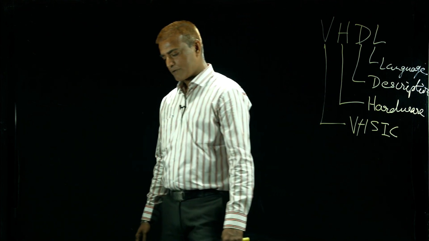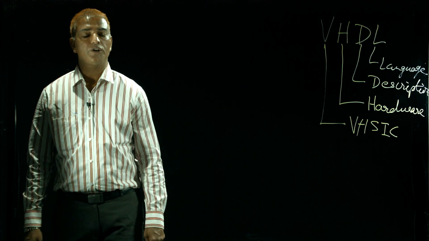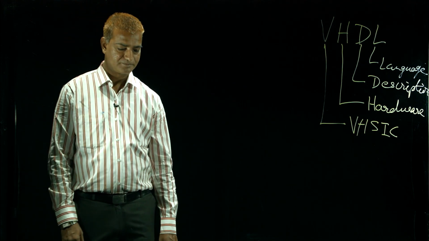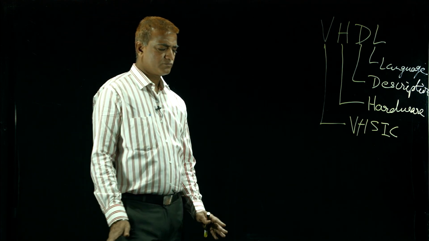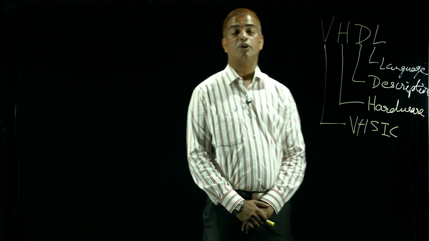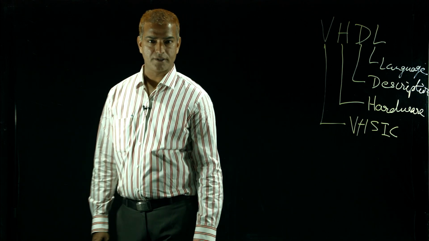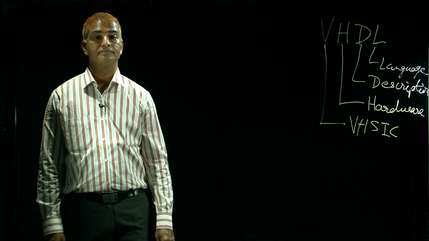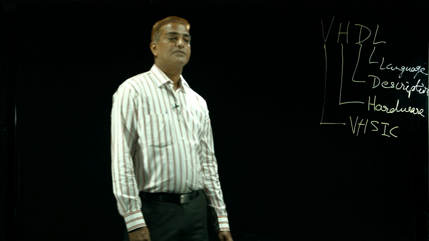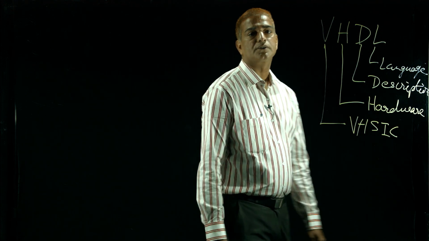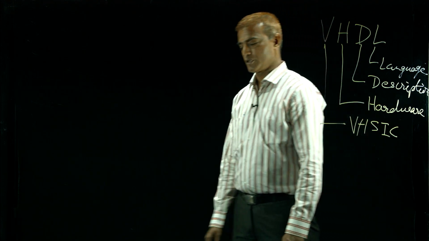Now coming back to VHDL, how does VHDL operate? Generally there are various ways of modeling digital circuits. The first way is the data flow style of modeling. Another way is the structural way of modeling. The third way is the behavioral style of modeling.